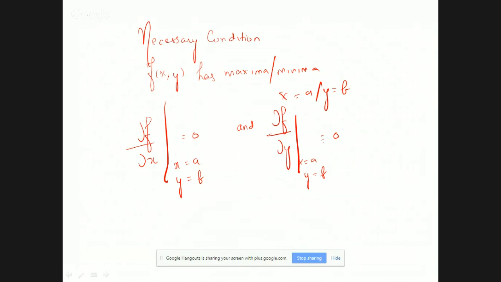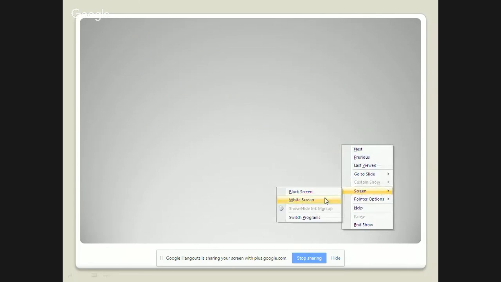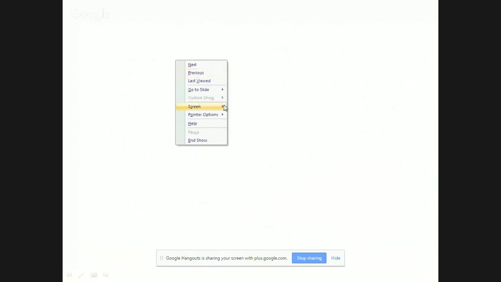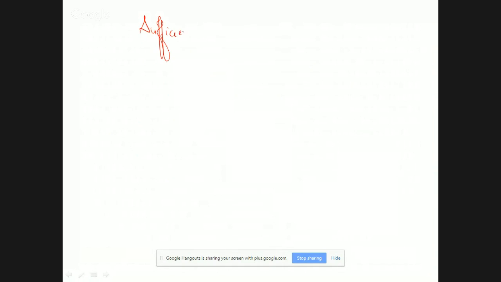There is some sufficient condition. Let us see, there is again f of x comma y as a function.